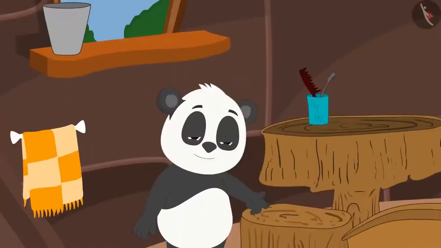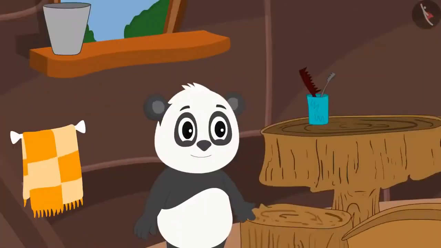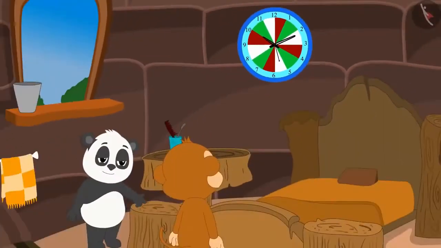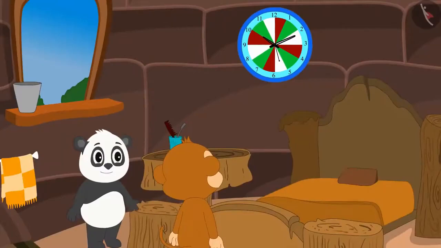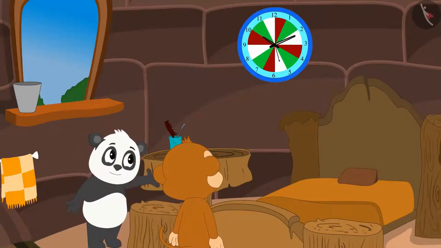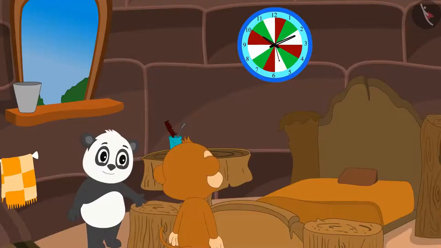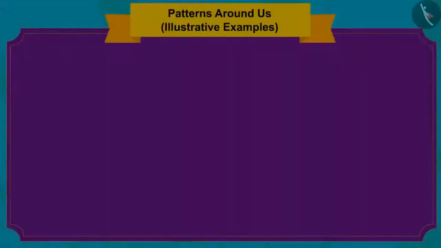Babban and Golu started to find more patterns in Golu's house. Golu looked at the clock hanging on his wall and immediately pointed at the clock to Babban and said, "Look, Babban, this is a kind of pattern in my watch as well. Can you understand what the pattern of this pattern is?"